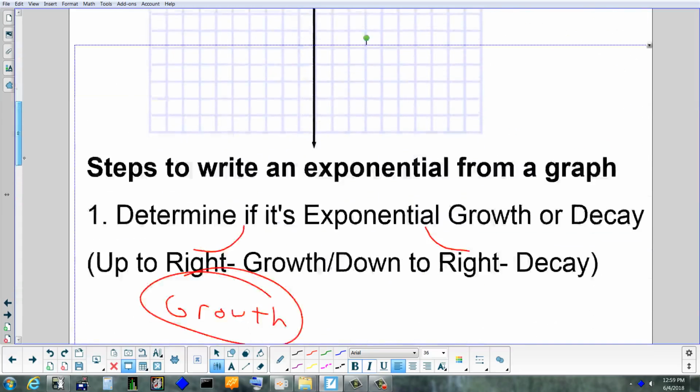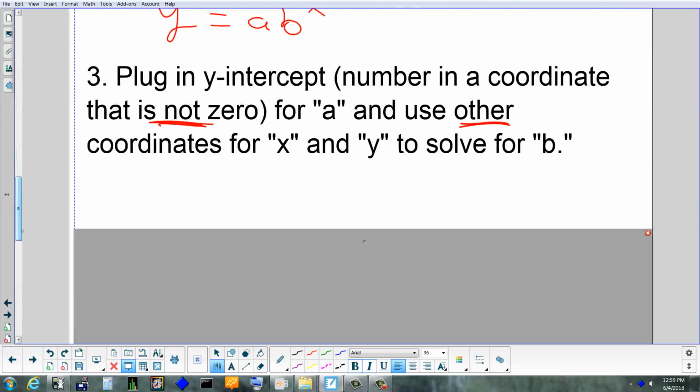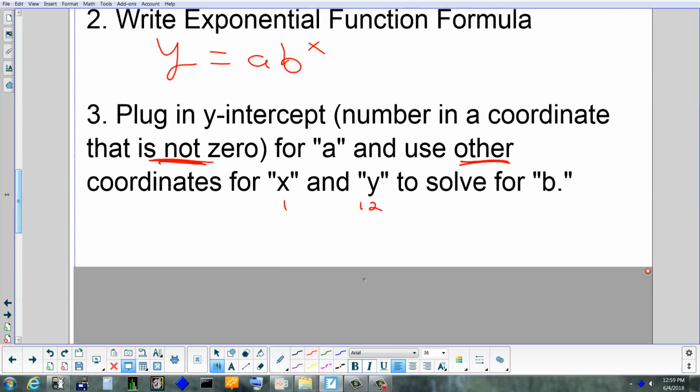That's the one we have to use. So use the other coordinate. What did I say it was? 1, 12? I think it was in this case. Yeah. And we're going to solve for B. Okay, so let's look at our formula. Okay, well, we've got 4 spots in it, and we're going to fill in what we can.